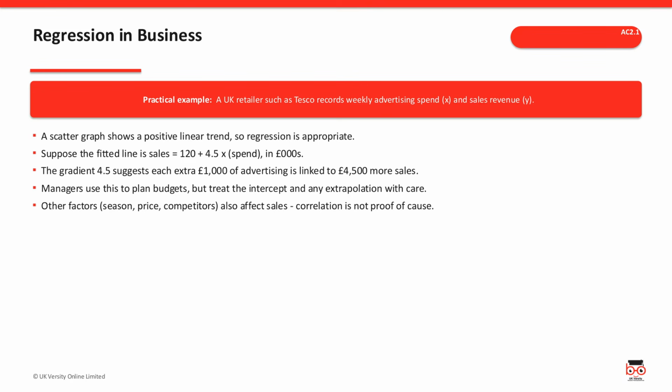That gradient of 4.5 suggests each extra £1,000 of advertising is linked with about £4,500 more in sales. Managers lean on that to plan budgets, but they treat the intercept and any extrapolation warily. And remember, season, price, and competitors all move sales too. Correlation still isn't proof of cause.